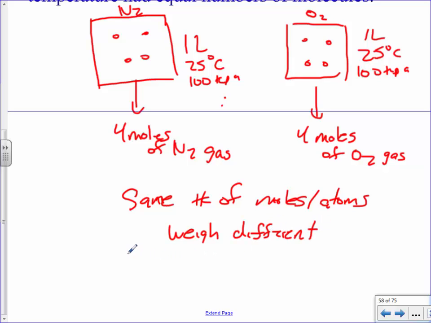Because nitrogen is 14.01 grams per mole, and oxygen is 16.00 grams per mole. So you would expect the oxygen container to be heavier. Does that make sense though? Okay. So hopefully that puts it into like people words for you.